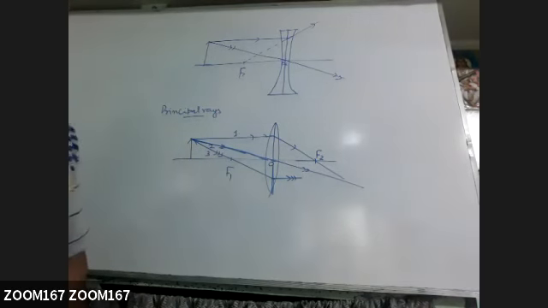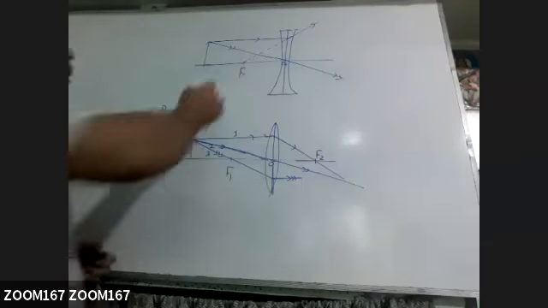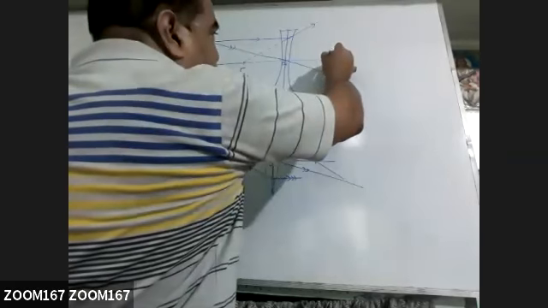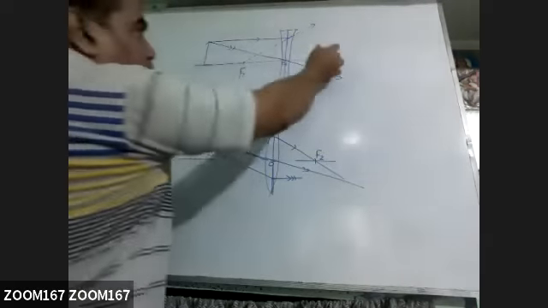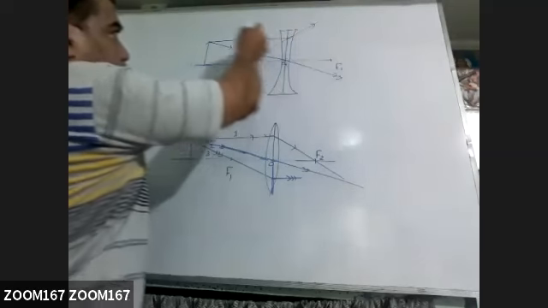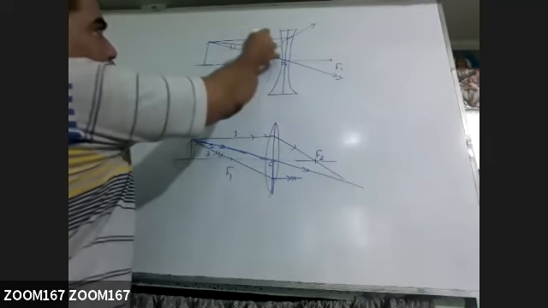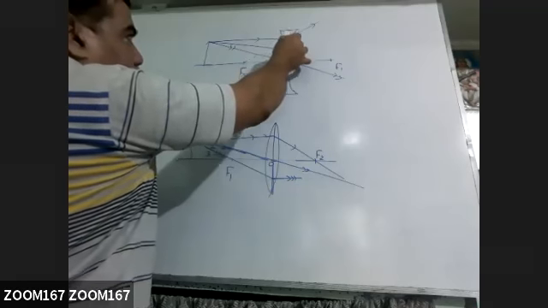Now what will be the third one? In this case, it is appearing to pass through F1. So you will join this point and this point. Up to here full line, and then this is dotted line.